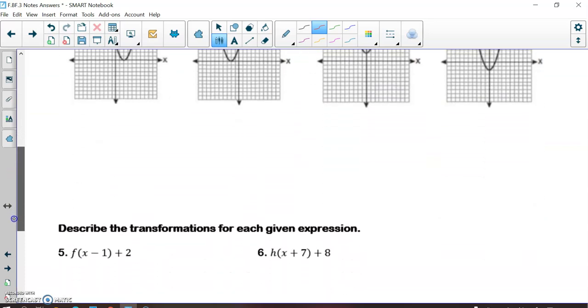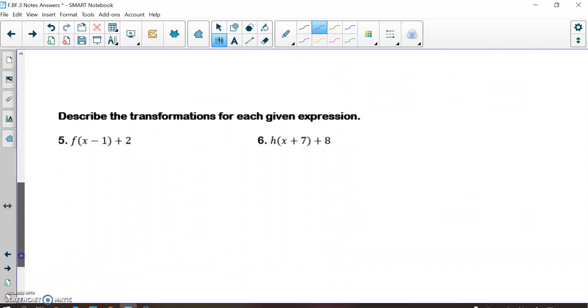All right, moving on. Describe the transformation for each given expression. So I have an f of x minus a 1 in parentheses. Remember the horizontal translations. Horizontal starts with the letter H, and so does the word hard. The horizontal translations are the hard ones to remember because it looks like a minus 1, meaning we would go 1 to the left.